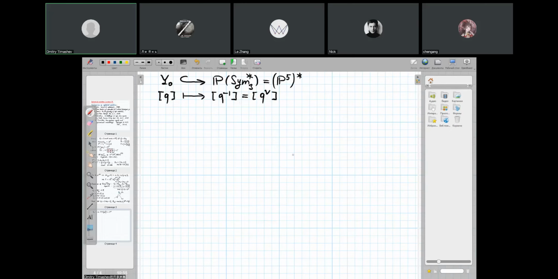So this gives you another compactification, another embedding. And actually, this dual projective space can be identified with the previous one, but with the twisted action of GL3. So the group GL3, my G, acts here in a twisted way.